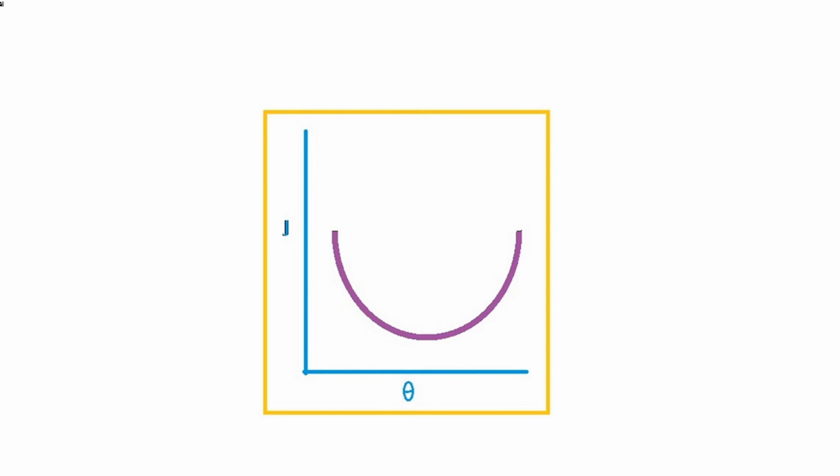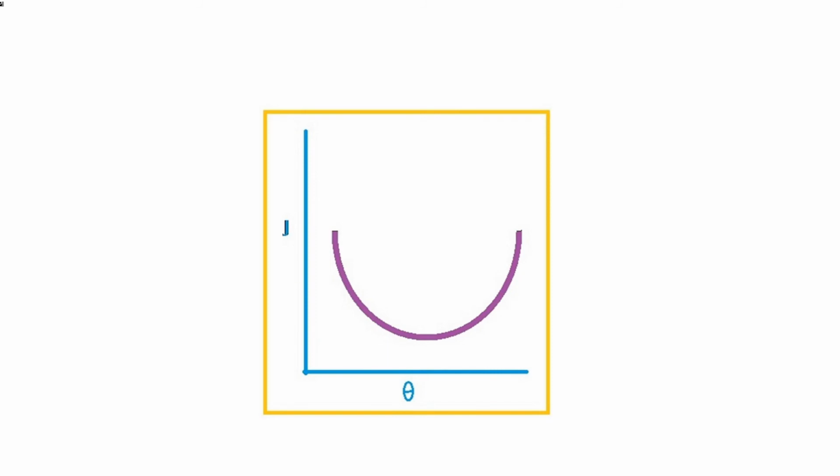That is done by cost function represented by J. In this graph, J is the cost function and theta is the parameter. This graph shows the relation between them. Now, for non-optimal parameters or bad parameters, the cost function has very high value.